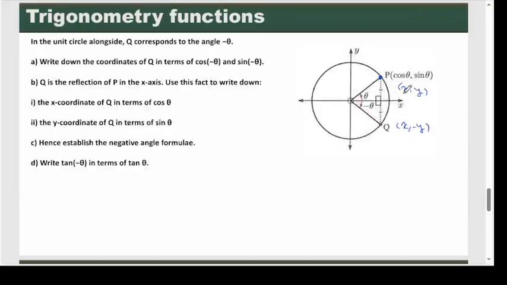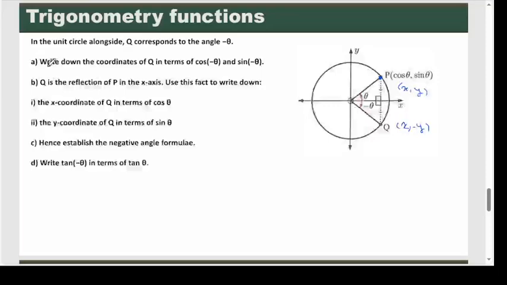That means x doesn't change, but for the second term we get a negative sign. Same size, but negative sign, when my reflection is across the x-axis.